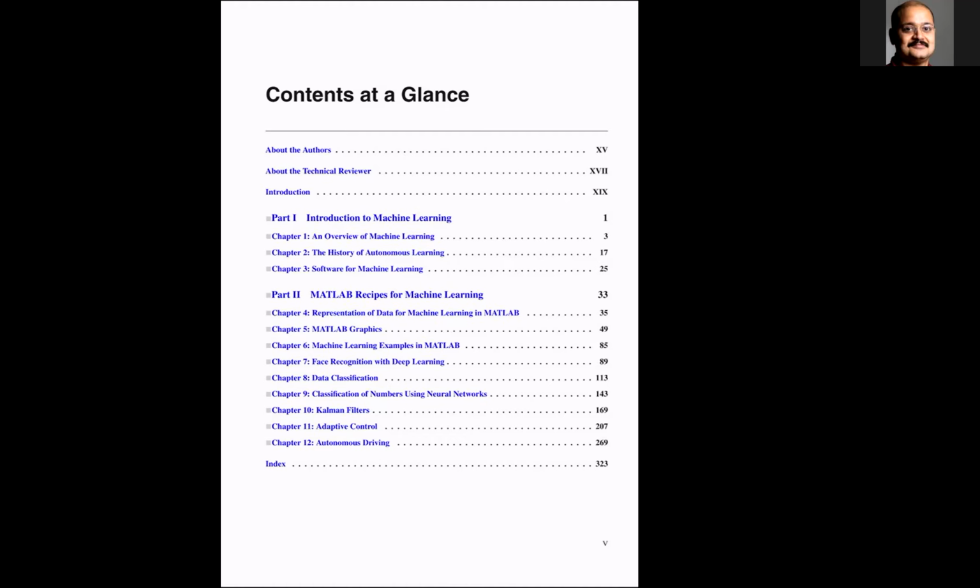Then there is MATLAB graphics, and then some codes which implement a simple neural net that are hard coded. So how do you actually hard code a neural net? The next examples, from chapter 7, are face recognition with deep learning. Chapter 8 is data classification. Chapter 9 is number classification. Chapter 10, if you recollect, is the Kalman filter that we talked about in the last class. Chapter 11 is adaptive control, and chapter 12 is autonomous driving.